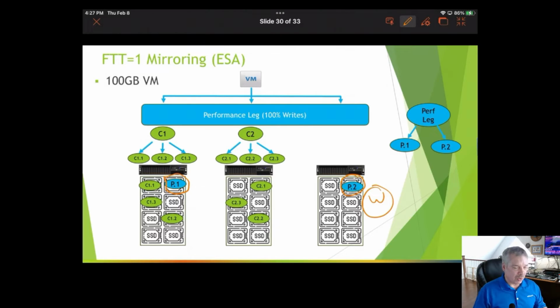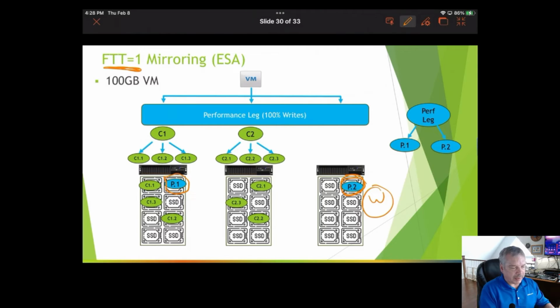Okay? So generally speaking, when you're doing a failure to tolerate of 1 and you're doing mirroring, you generally don't see a witness leg there, or I don't want to say shouldn't. You more than likely will not see a witness component, and that's okay because we can use the performance component to do that for us.